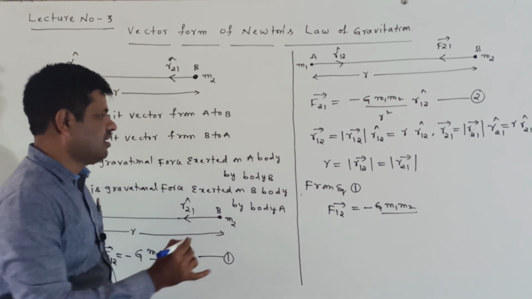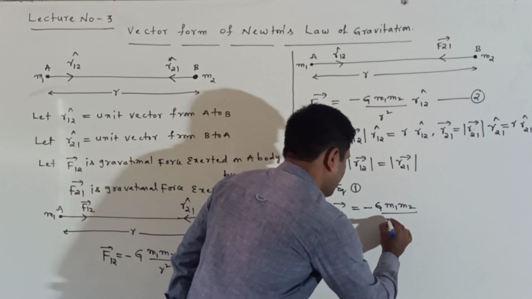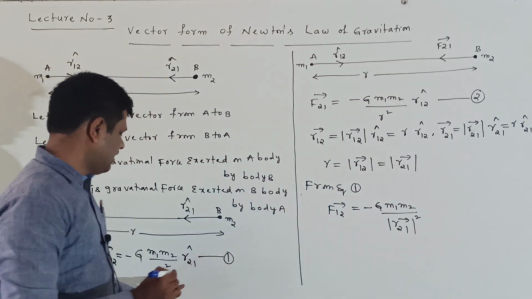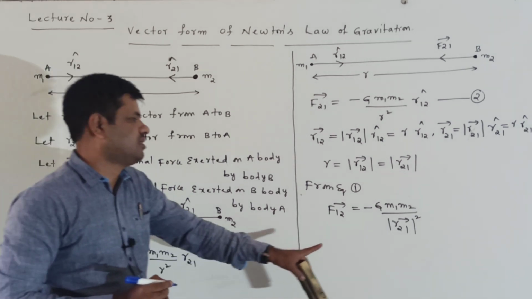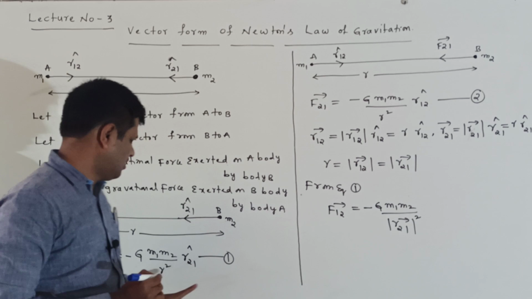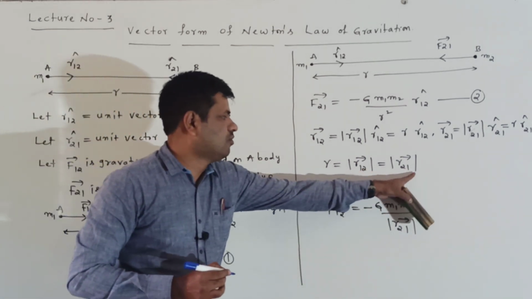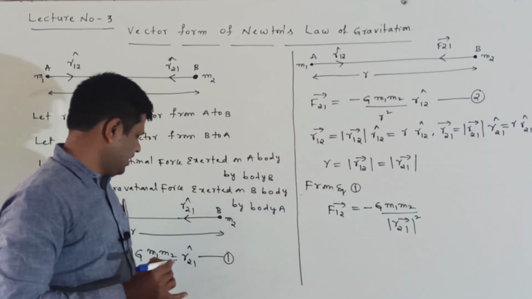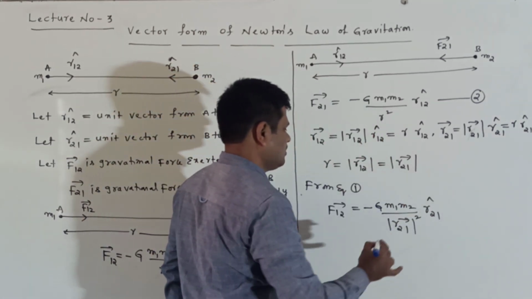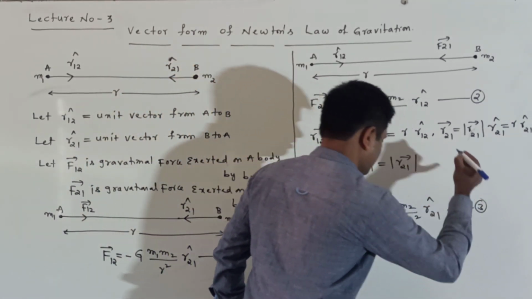So here also I write R as mod R21 bar. Why write it like this? Because R21 cap is there, the distance is also written as mod R21 bar, which is equal to R. In place of R, I write mod R21 bar. Next, R21 cap as usual. This is given equation number 3.